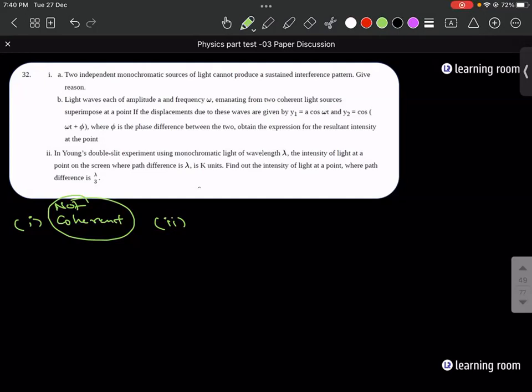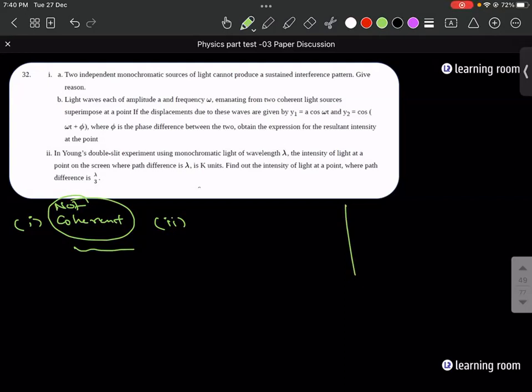For interference, superimposing should take place, right? Two waves should superimpose. That's when the interference pattern can be observed. That is what we think.